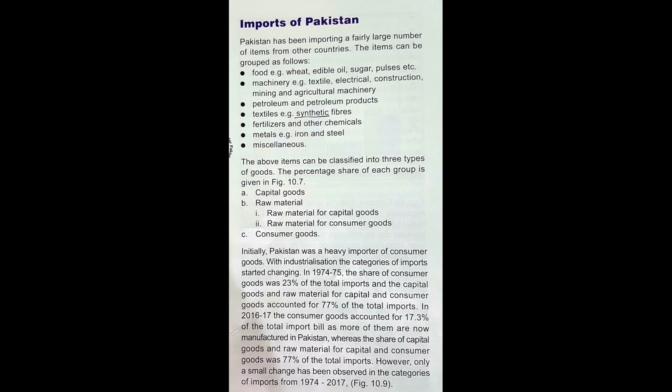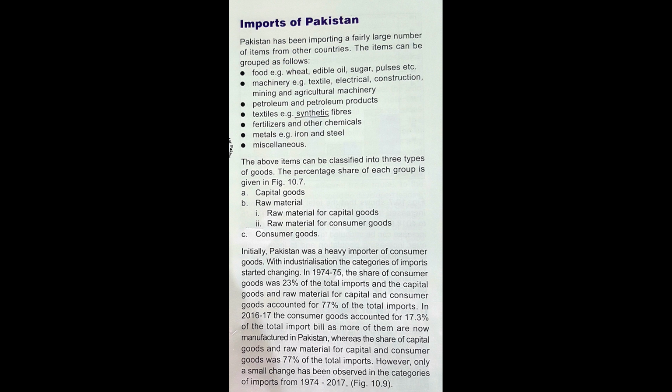Consumer goods are goods that are useful for consumers, for the people who will be able to use them, as fertilizer is useful for farmers, wheat is the need of human beings. Similarly, electrical appliances are also in domestic demand. So these are imports of Pakistan.